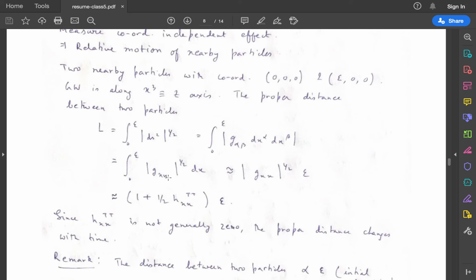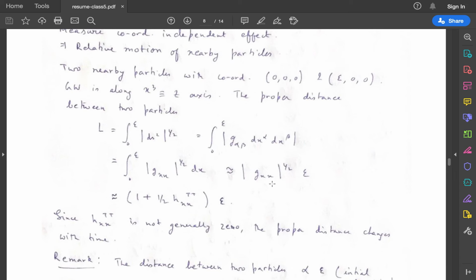It is the square root of g xx times dx, and this can be written as the square root of mod g xx times epsilon. Let us say that g xx doesn't depend on x, so we can take this out and integrate dx from 0 to epsilon, which will give epsilon.